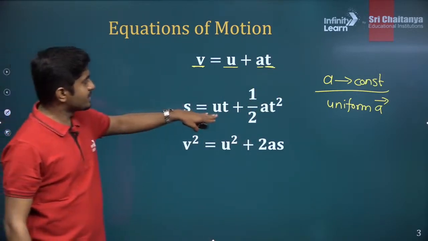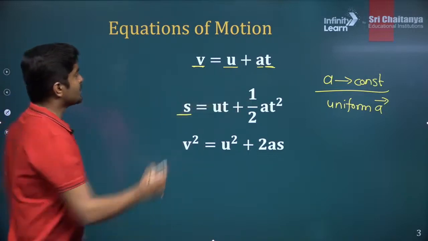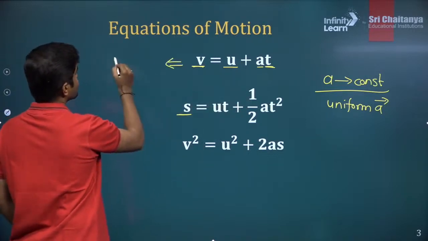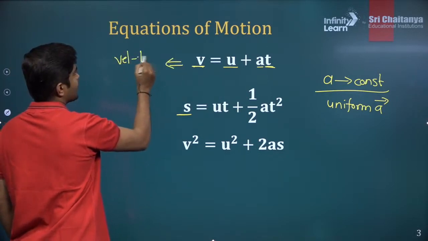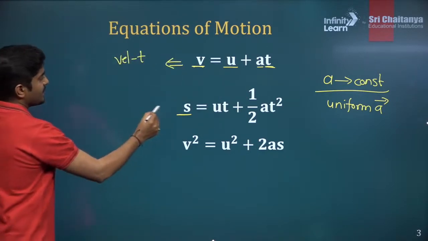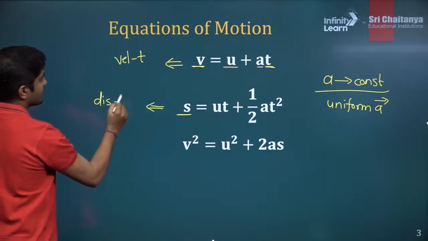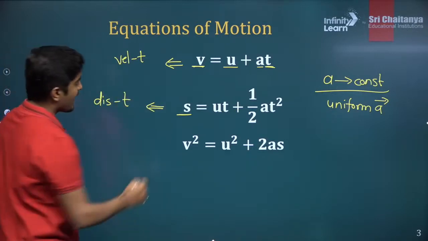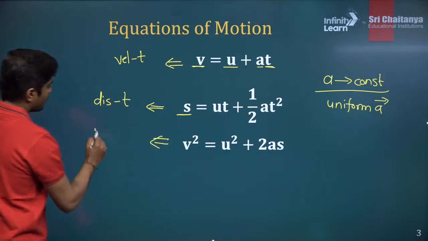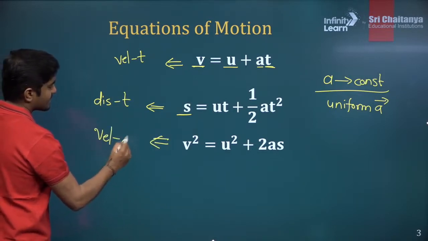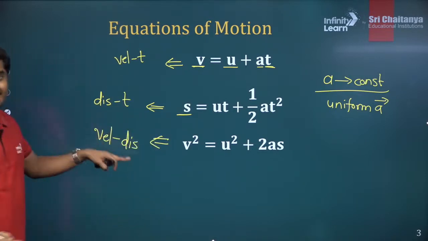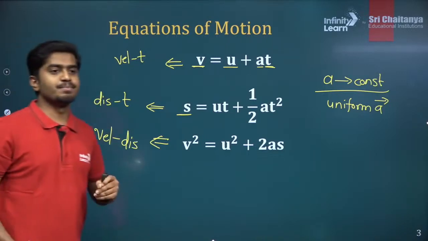This first one is called the velocity time relationship. The second one is called the distance time or displacement time relationship. And the third one is the velocity and displacement relationship.